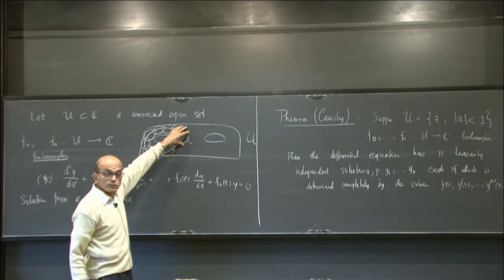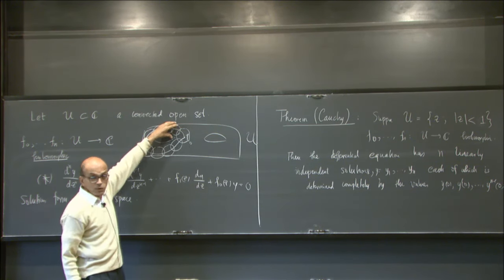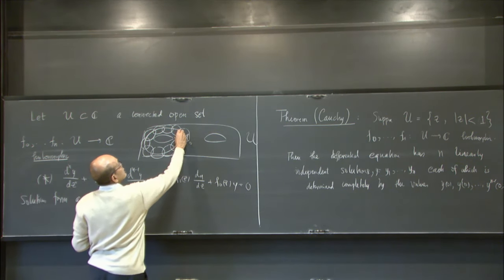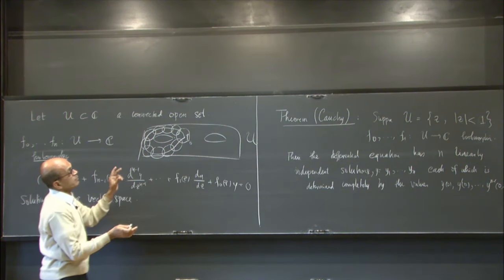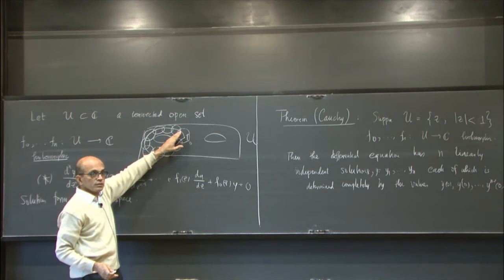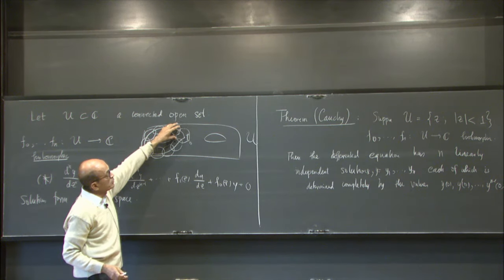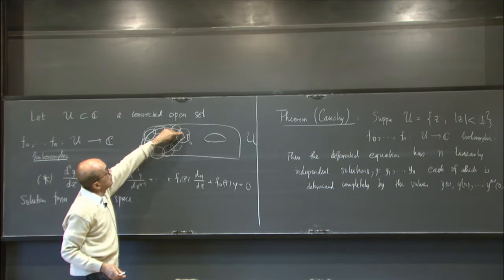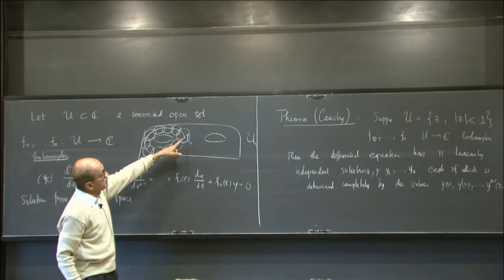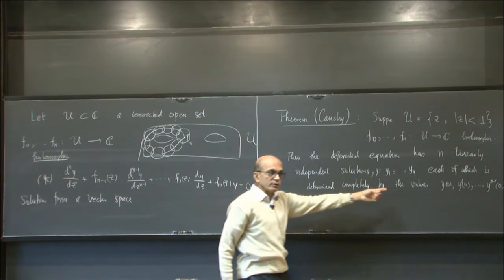I get these local solutions which are linearly independent. And on the contiguous disk also you can find n linearly independent solutions. Therefore on the intersection, these two sets of linearly independent solutions differ by a linear transformation. So each time I move from one open set to another, I have a linear transformation relating the two solutions. I keep doing this and come back to the old point. I get a new solution, which is of course a linear combination of the old ones.